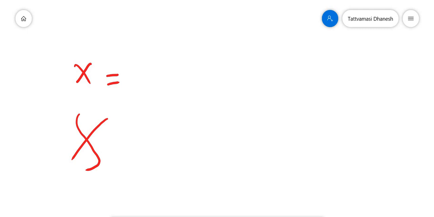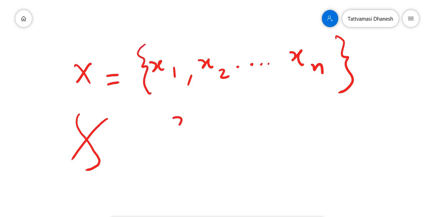Psi is a Greek letter, and x is equal to x1, x2, etc. up to xn. This is x, and generally each xi is an element of our feature space psi. So I will write this clearly. This is psi.